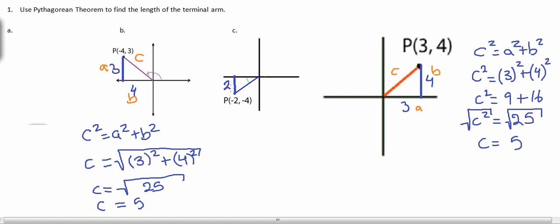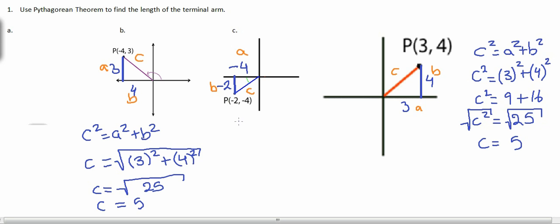So this is going to be 2, and this is going to be 4. When you're using Pythagoras' theorem, it won't really make that much of a difference, so I'll just demonstrate by using the negatives this time. We'll see how those negatives won't really be important in this case. However, when you're using it to find the size of the angle, you're going to have to take into consideration those negative signs.